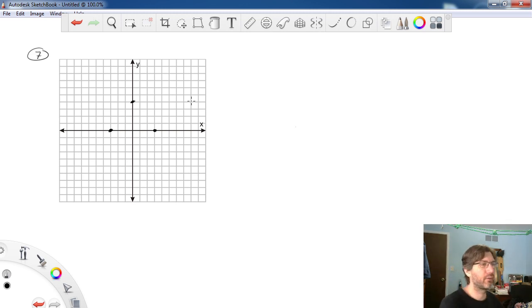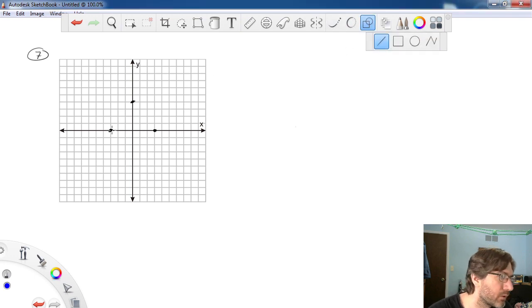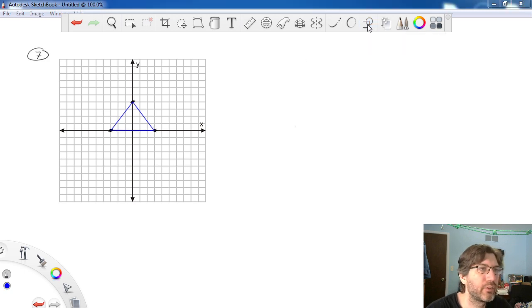All right. And then it actually has a triangle. Let me get the triangle in a different color here. That way I can see it a little better. So there's our triangle.